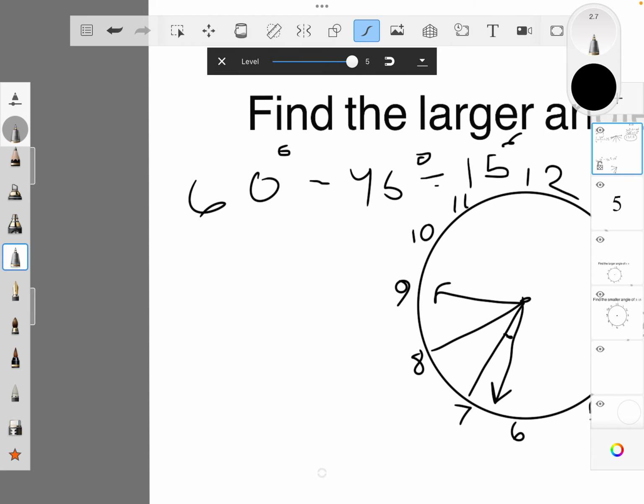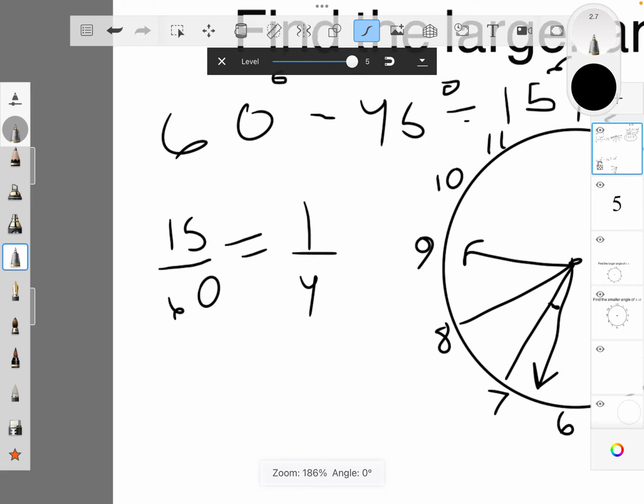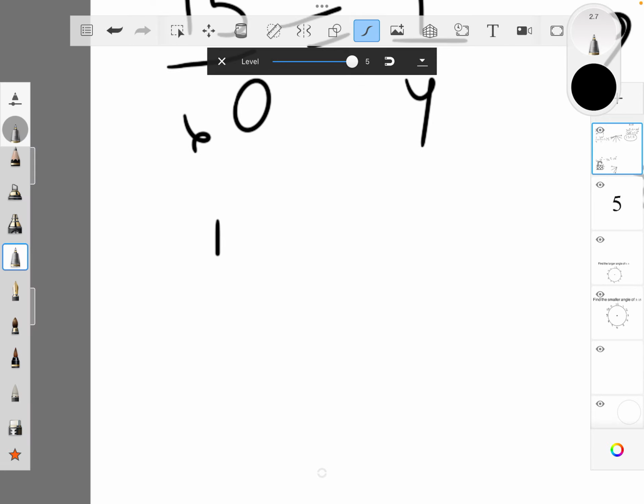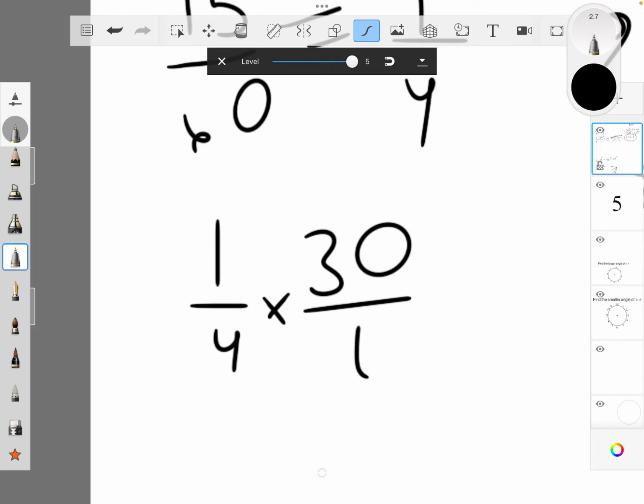So 15 divided by 60 is 1/4, and 1/4 times 30 degrees, as said before, is 7.5.